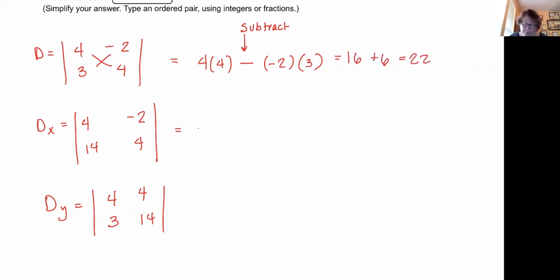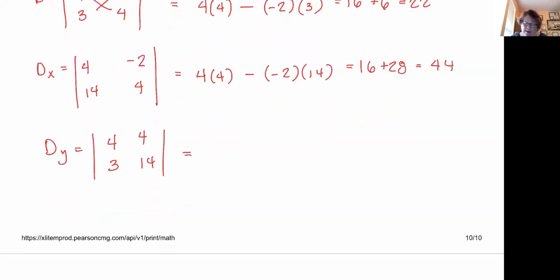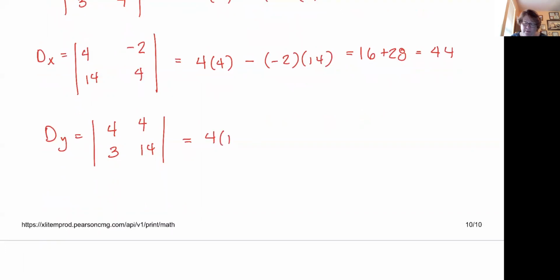All right, do the same for the next one, 4 times 4 minus 2 times 14. So that is 16 plus 28, which is 44. And then we have 4 times 14 minus 4 times 3. And I didn't actually write down the intermediate value of that.